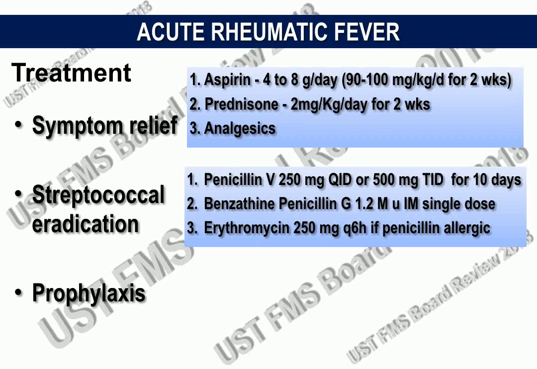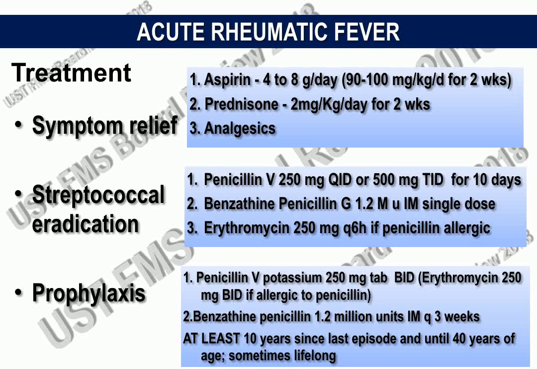Now, after the rheumatic fever, you need to give these patients prophylaxis, because you want to prevent further streptococcal infection that can cause further damage to the cardiac valves of the patient.